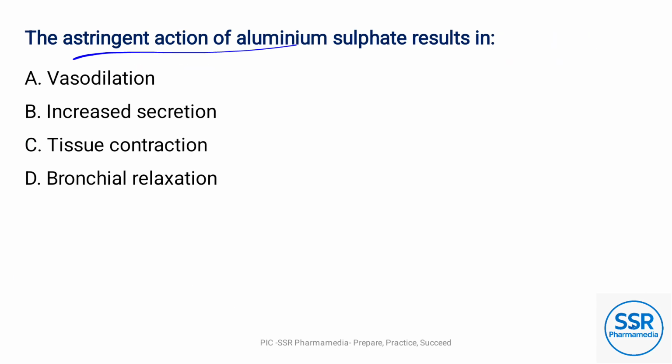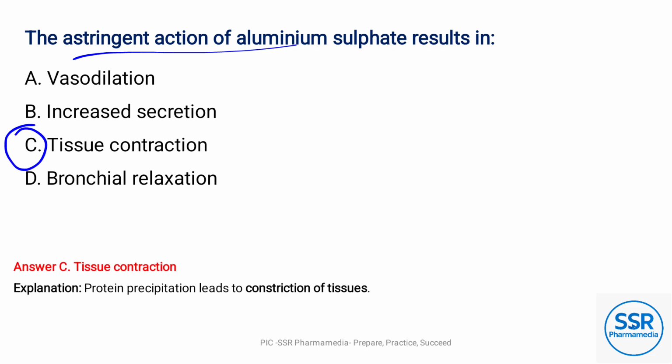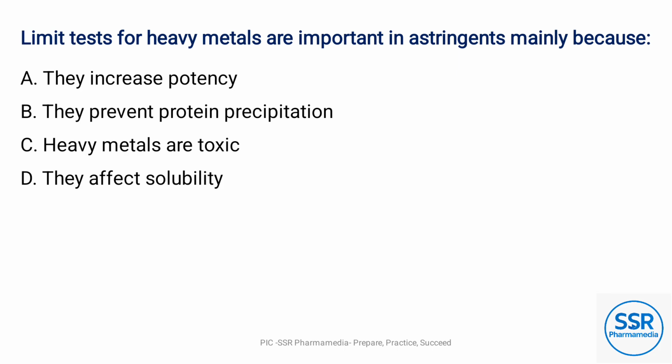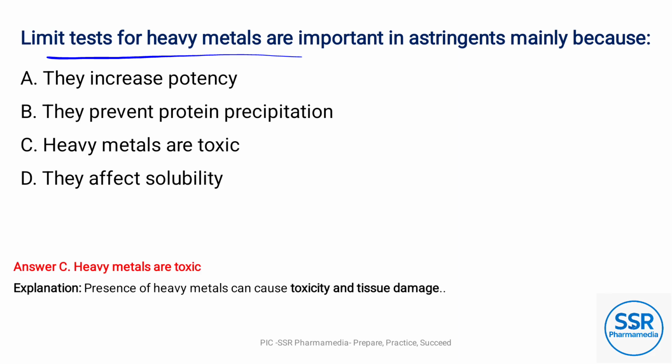The astringent action of aluminum sulfate results in, option C, tissue contraction. Protein precipitation leads to constriction of tissues. The limit tests for heavy metals are important in astringents mainly because, option C, heavy metals are toxic. The presence of heavy metals can cause toxicity and tissue damage.